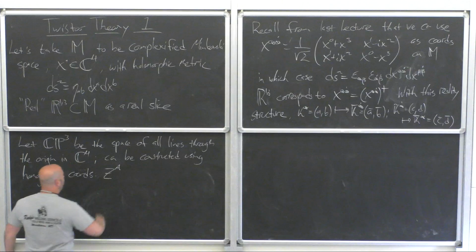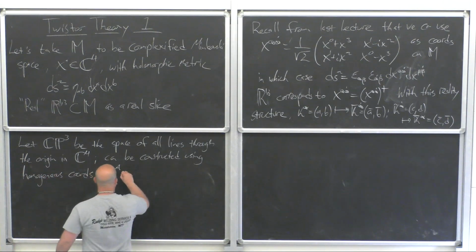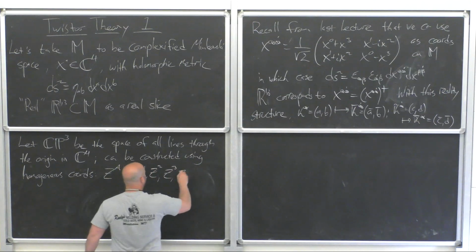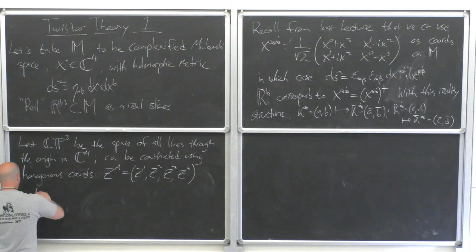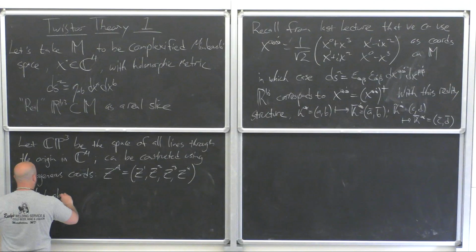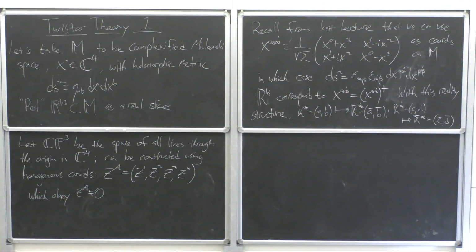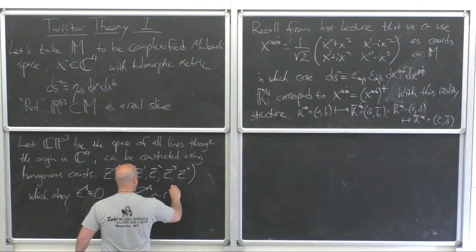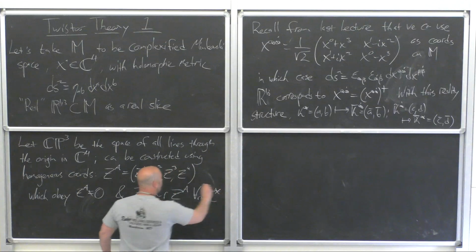So what these are, four complex numbers. I'm going to call them big ZA: Z1, Z2, Z3, Z4, which are not all simultaneously 0, so they're not all allowed to be 0 at once, and I consider them equivalent up to overall scalings by a non-vanishing complex number.